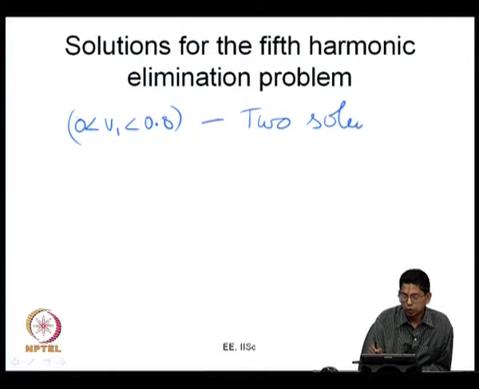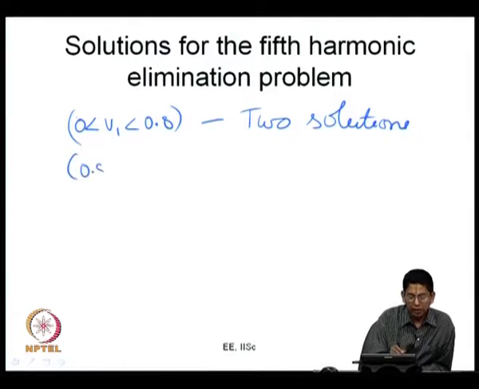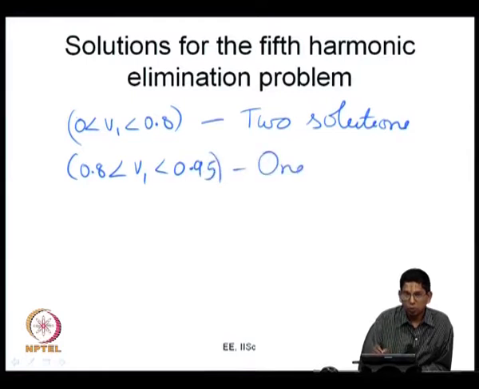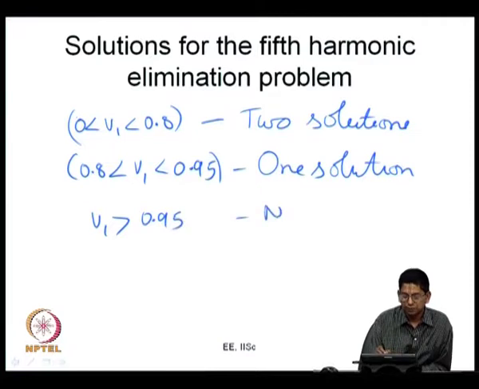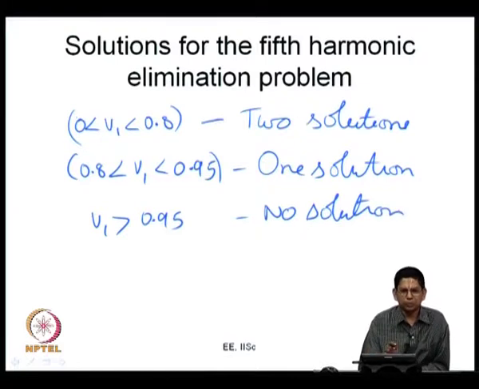If you look at the range 0.8 to something like 0.95 or 0.96, only one solution is possible. And if you are talking of V1 greater than 0.95, there is no solution. So, whenever you are very close to the six-step, there is a chance that there may be no solutions. That is something that we have to remember.